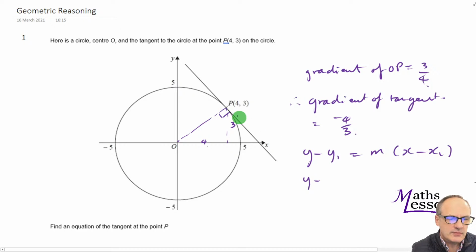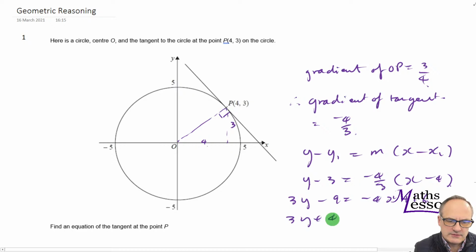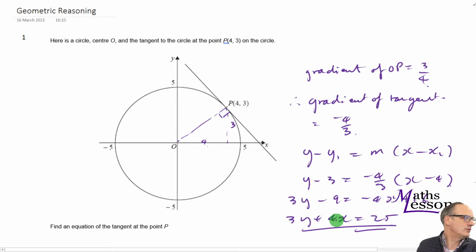So we've got y minus 3 equals minus 4/3 times x minus 4. And that would be good enough for an equation of the tangent, but let's just tidy this up. Times that by 3, we get 3y minus 9 equals minus 4 times x minus 4, and minus 4 times minus 4 is plus 16. So we're going to get 3y plus 4x equals 25 if we turn those all into integer values.